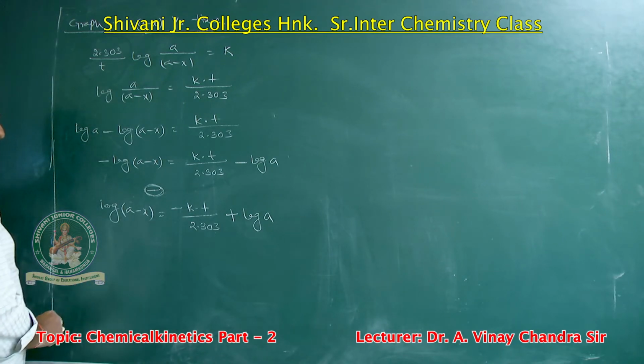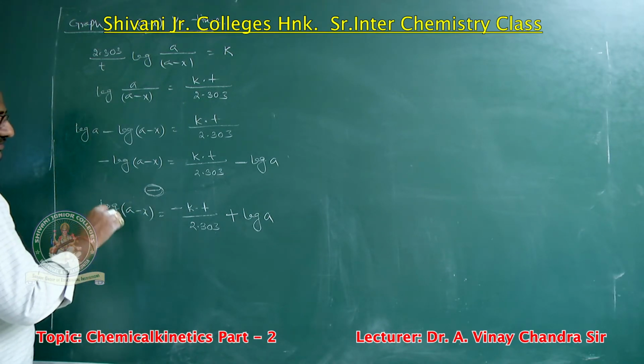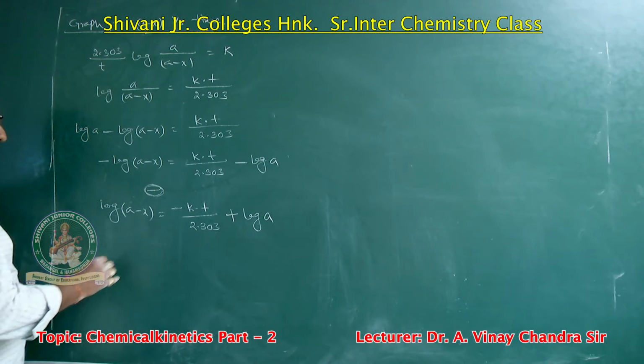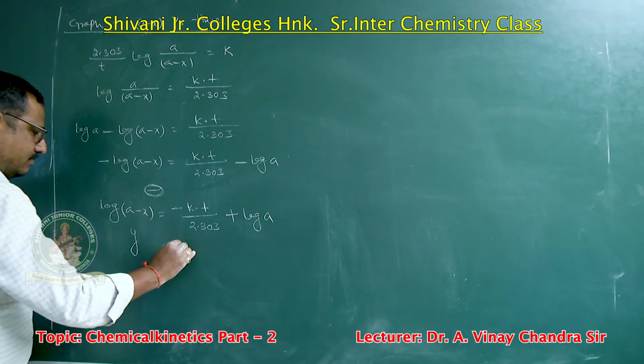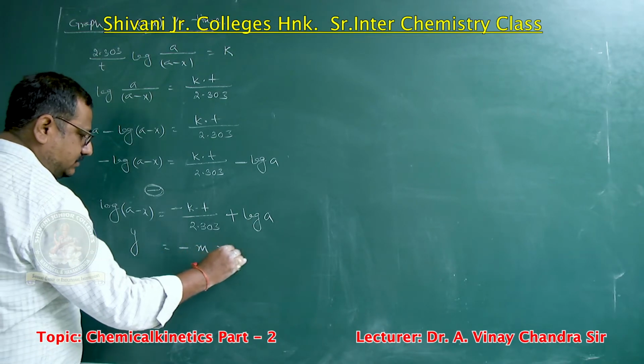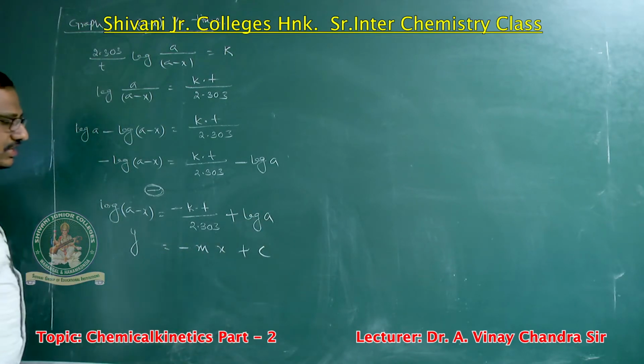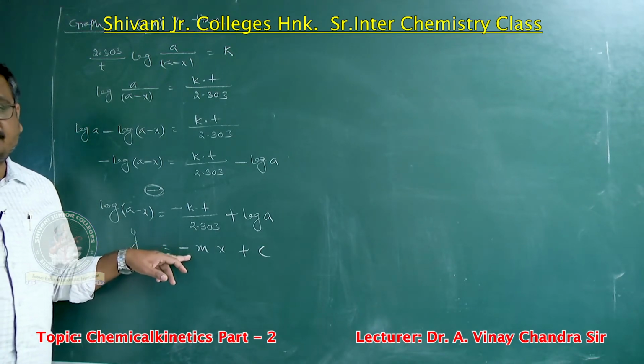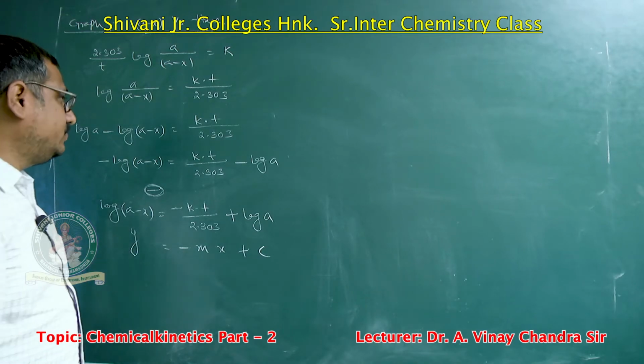Now this relation between a minus x and time, according to the graph equation, is y is equal to minus mx plus c. Here a negative slope is obtained.